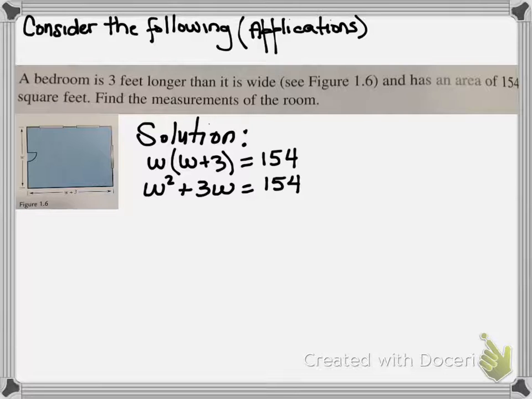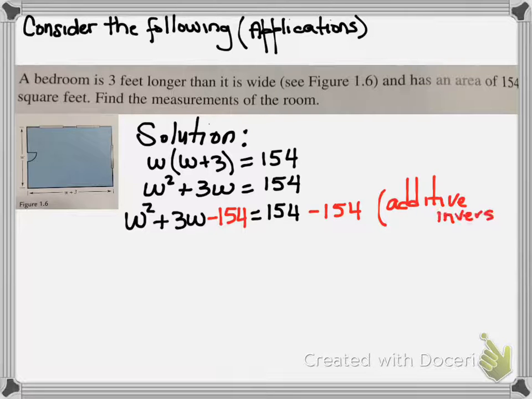Please do not forget that step. And so we carry on by doing the additive inverse of 154 to both sides of the equation. Hence, we get W squared plus 3W minus 154 equals 0.